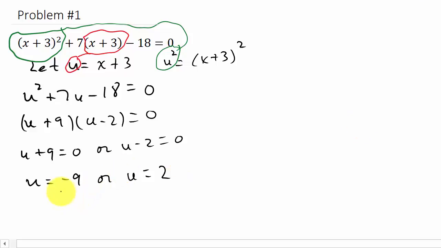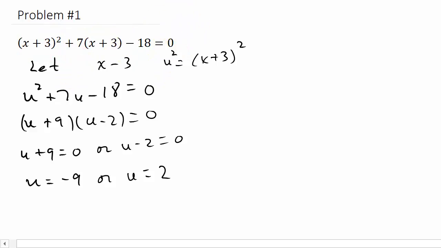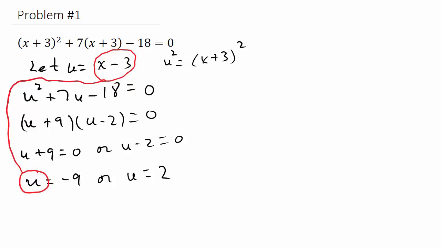Alright, so now in this problem we're not done. We have solved for u, but we need to solve for x. So I'm going to put the u equals back. You can see that u is equal to x plus 3, so I'm going to replace the u with x plus 3.